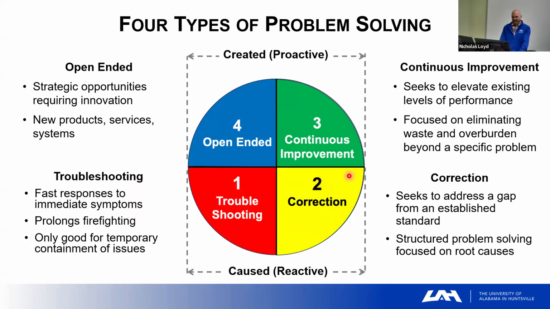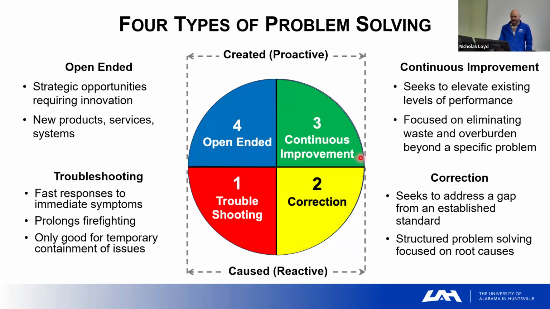A more effective way is a correction problem, which means we're trying to correct something from an underperforming situation back up to some defined standard. So there's a defined standard, the gap comes from underperforming, and we're trying to get that underperforming situation back up to correction.